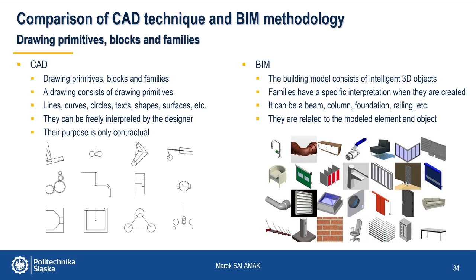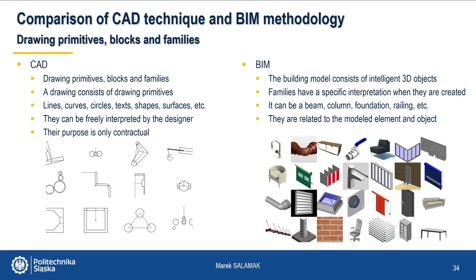In the case of BIM, the building model already consists of intelligent objects, instead of drawings, blocks known from CAD. We have families that have a specific interpretation at the time of creation.